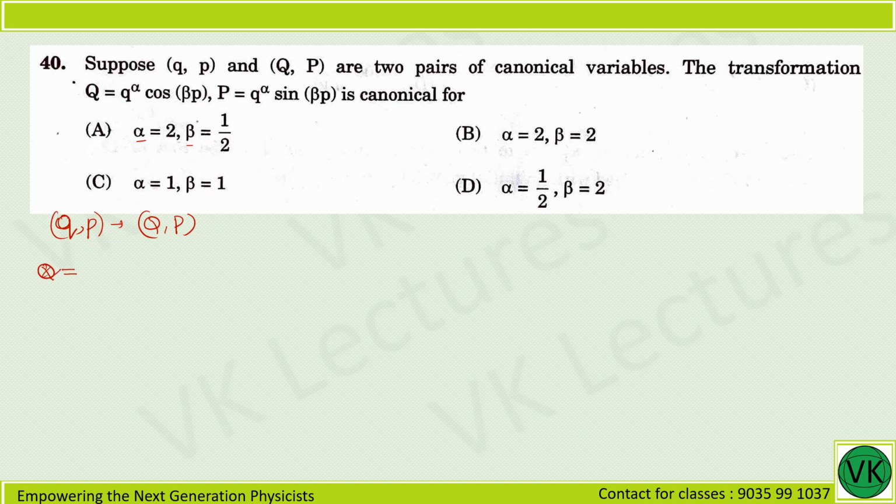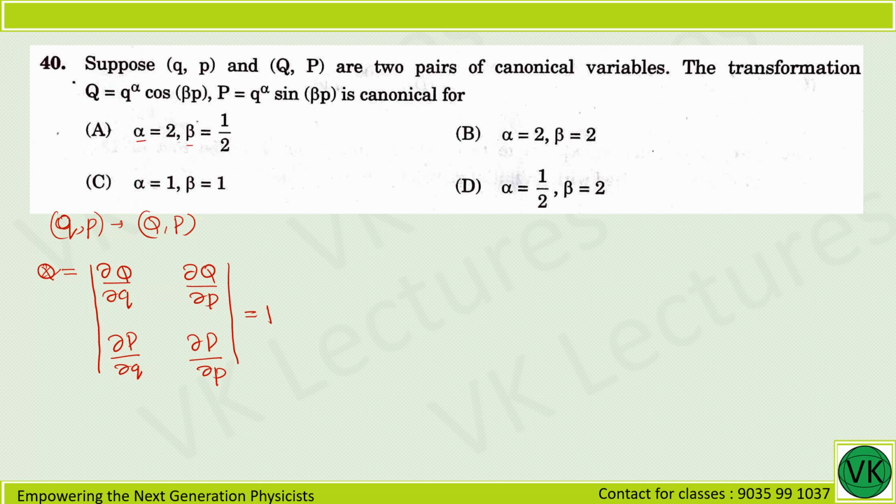Let's give the transformation condition, that is dou capital Q by dou small q, and dou capital Q by dou p, and dou capital P by dou q, and dou capital P by dou p. This determinant has to be equal to 1. Now let's find out what the elements here are.